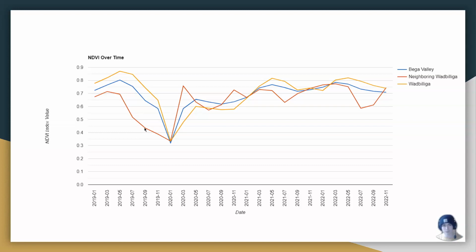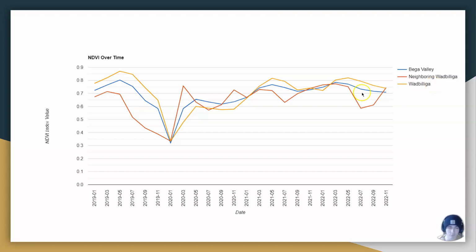There's a lot of vegetation health decrease for all three of these ROIs, but most of it happens for the neighboring area to Wadbilga during the drought. Not a lot of decrease happens during the actual fires for this neighboring area. And this is only iterated upon in the EVI and NBR.